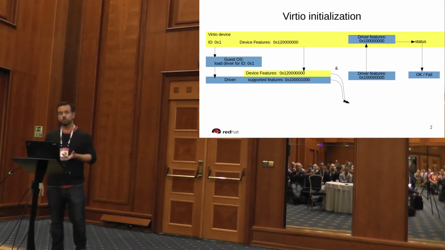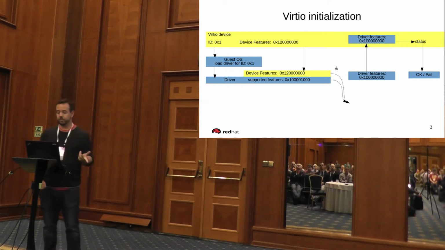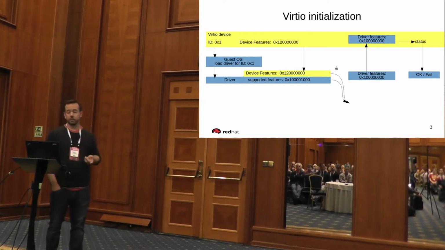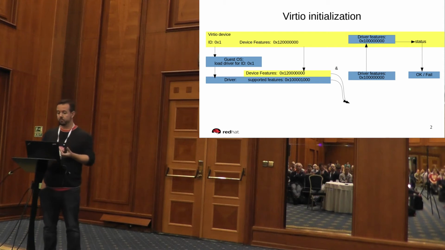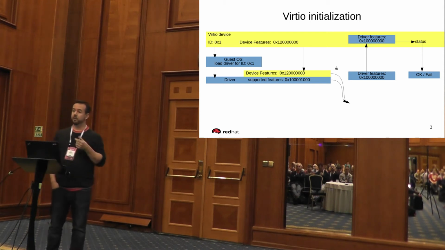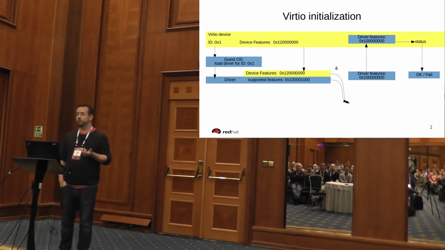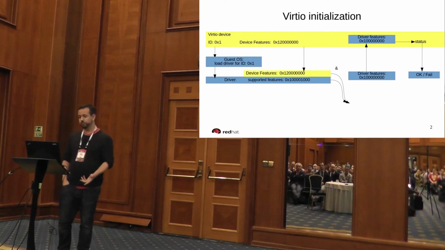So here's how they're used. The driver will start by reading the device features, and a copy of it is loaded into VM memory. Built into the driver is a mask of supported features. That's really just a copy of the device features recorded when the driver was developed.